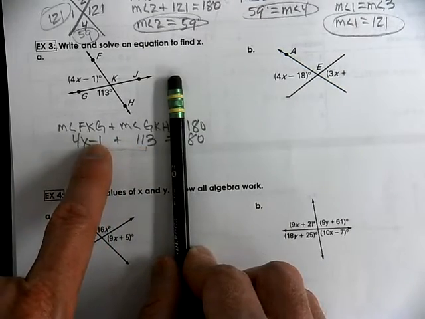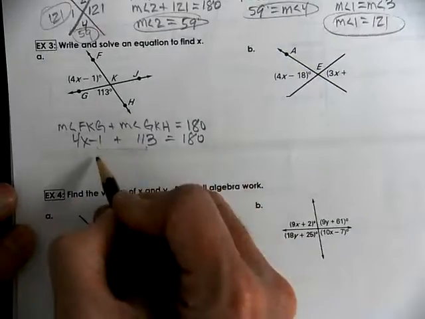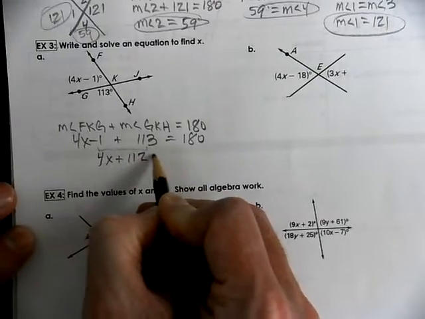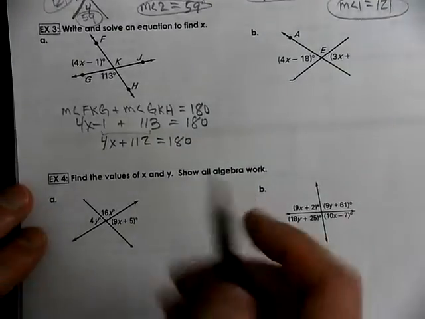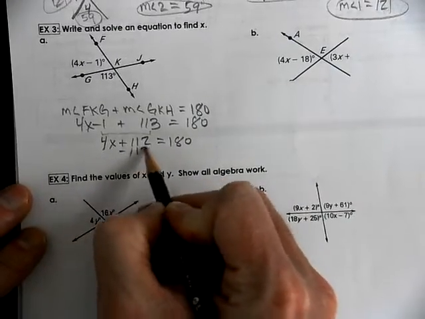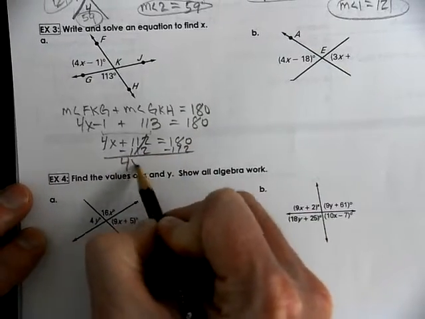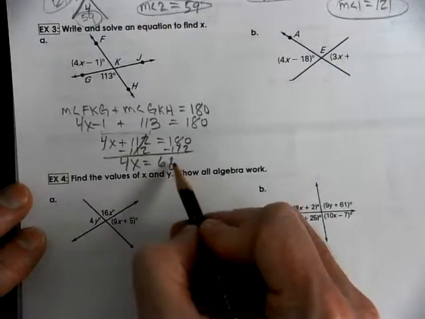A negative 1 and a positive 113 is now 4x plus 112. Now we'll go to the opposite side of the equal sign, so we have to do the opposite sign. That's 68 degrees.